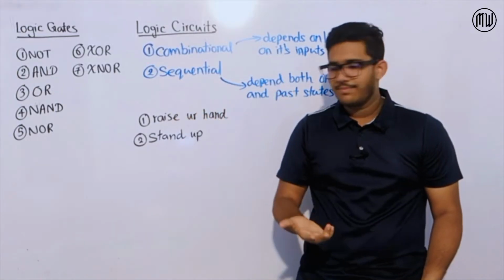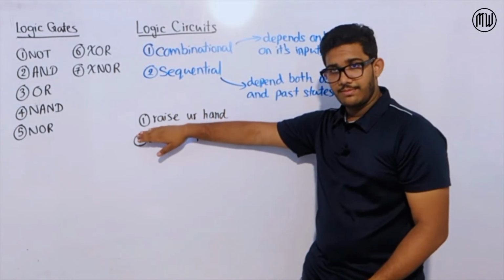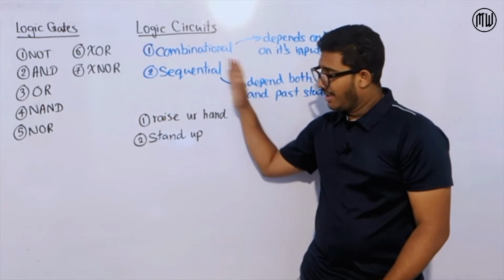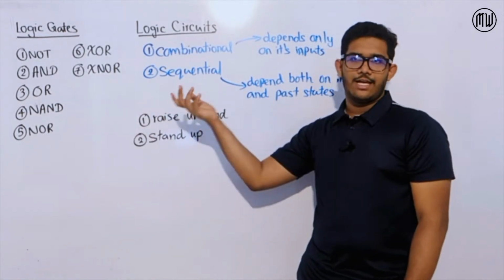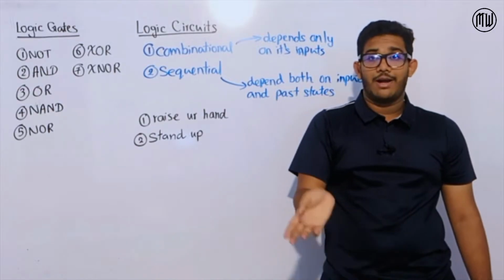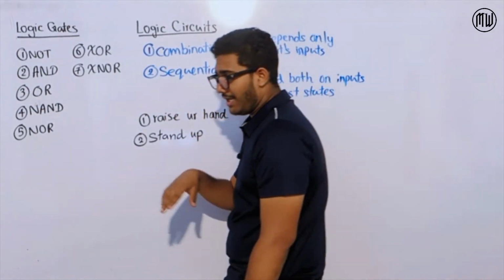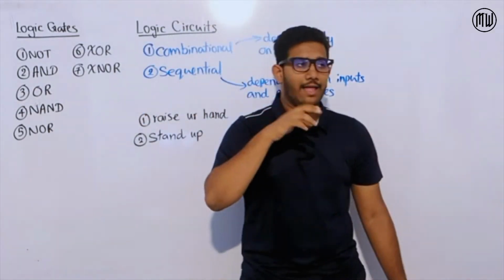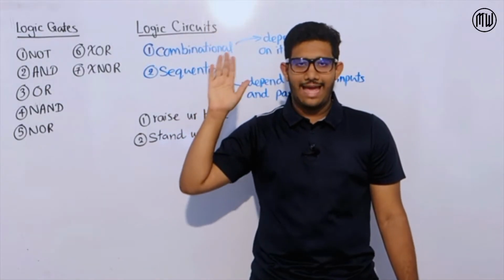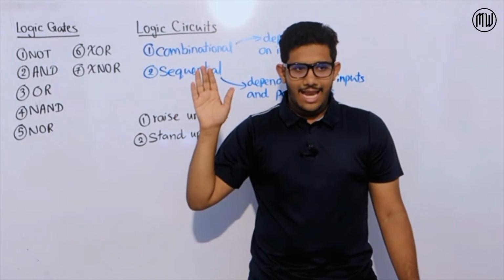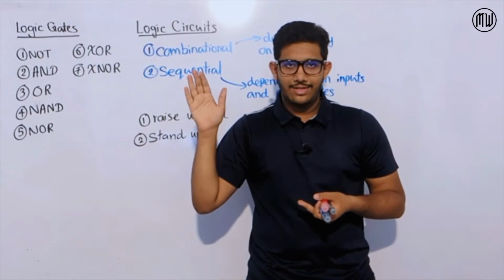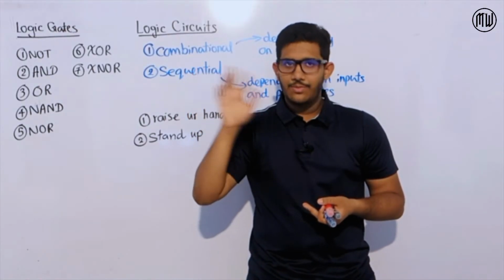What happened there? You took in the first input and gave the output. You took in the second input and gave the output to that, right? But on the other hand, there might be a student who has their hand raised and gets up while keeping their hand raised as well. See what happens there?